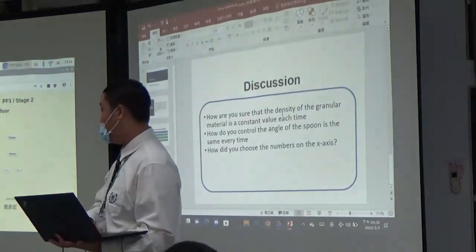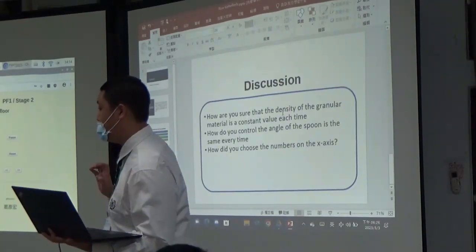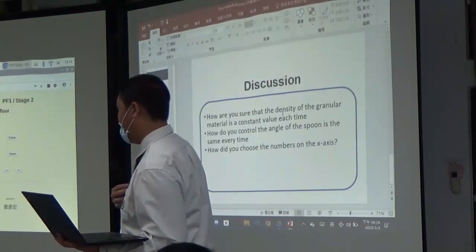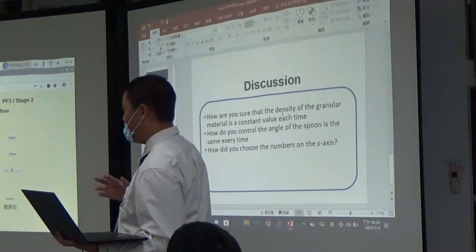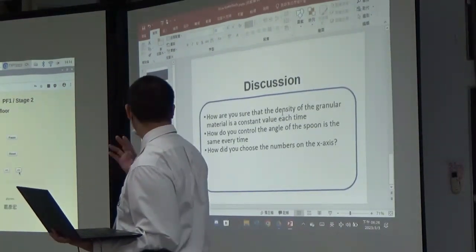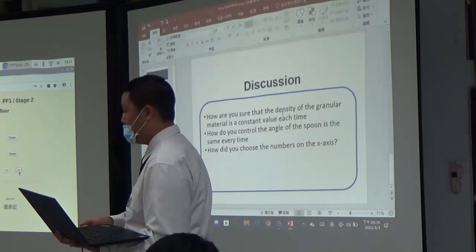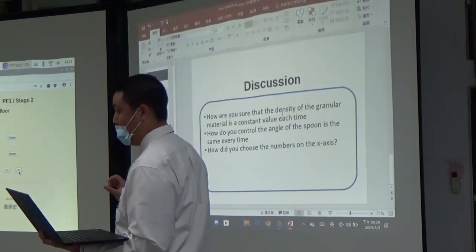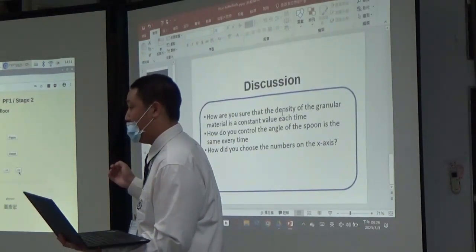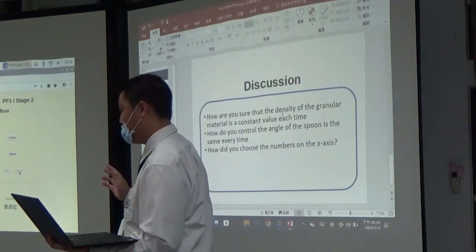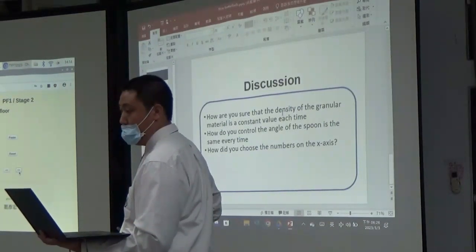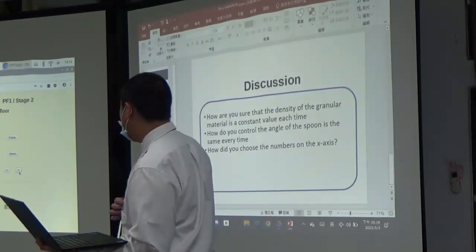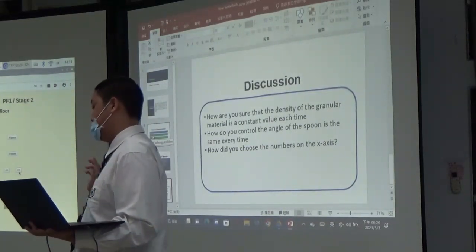So here are some of the discussions I would like to have with them. First is about the density section: how the weight makes you sure that the density is always at a constant value, and also the angle, whether they have ever thought about how a different angle would create different results, and also how the x-axis is determined in a graph.